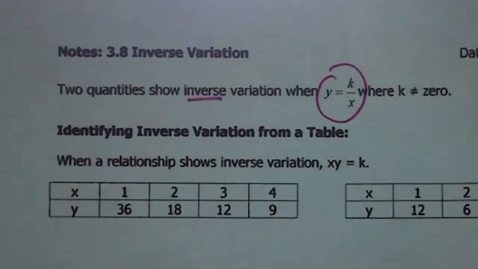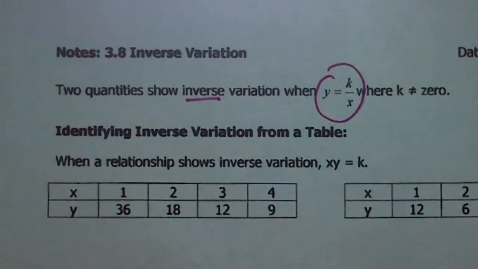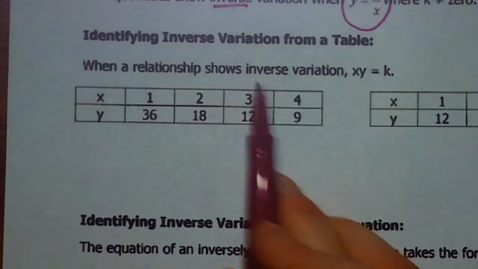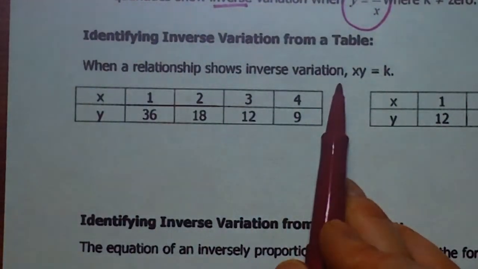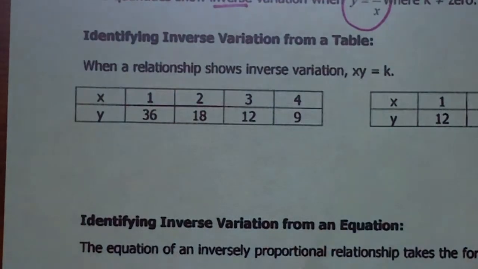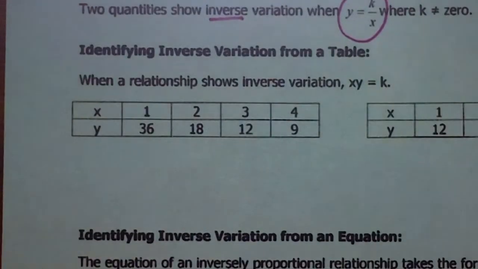So we want to be able to identify inverse variation from an equation, from a table, from a graph, just like direct variation. So we're going to start with the tables. When a relationship shows inverse variation, then x times y will always give you k.